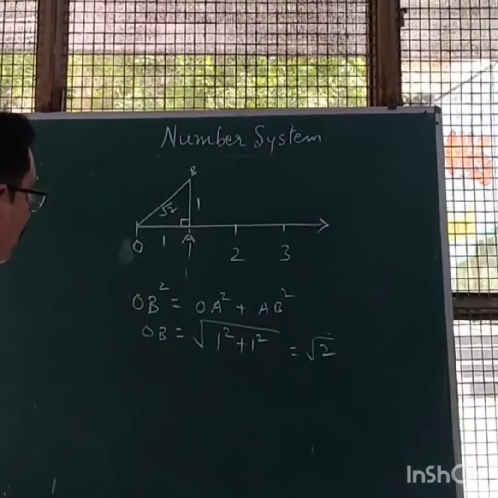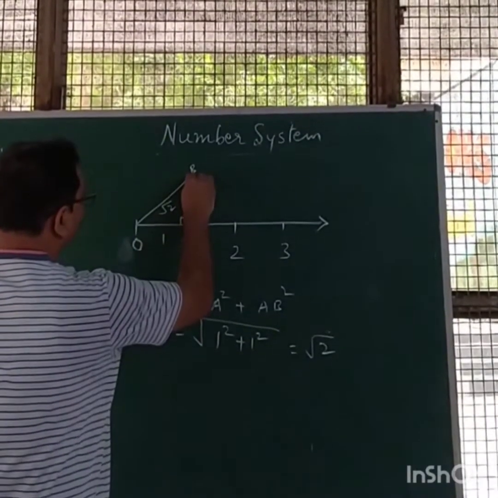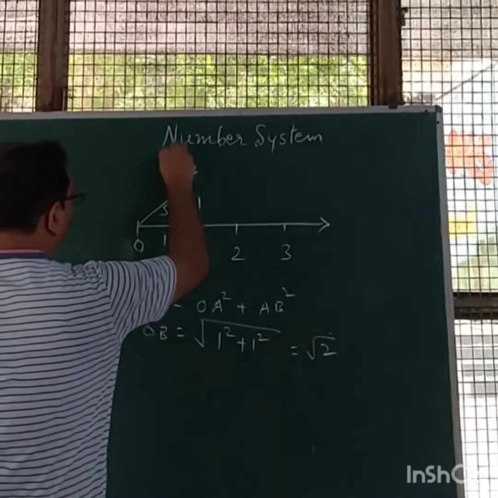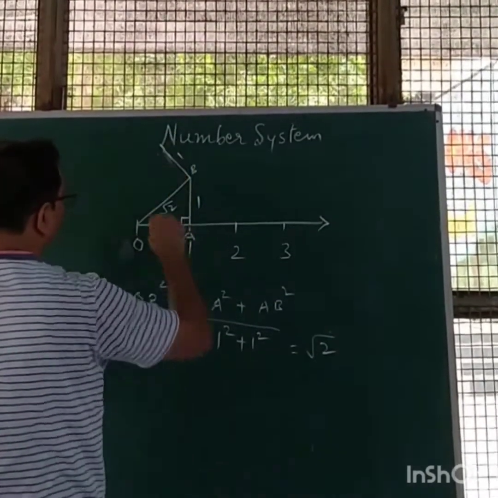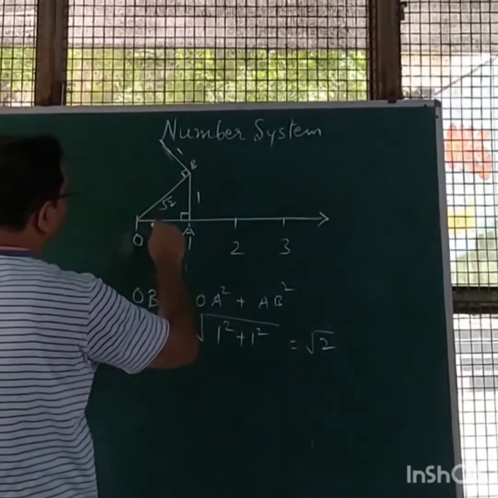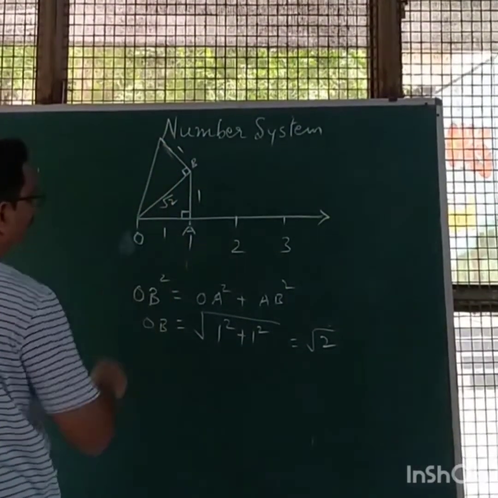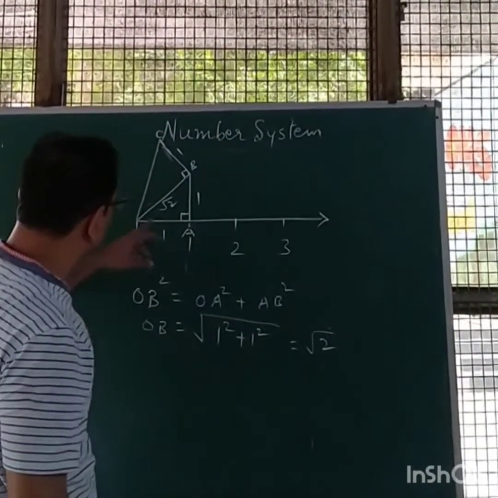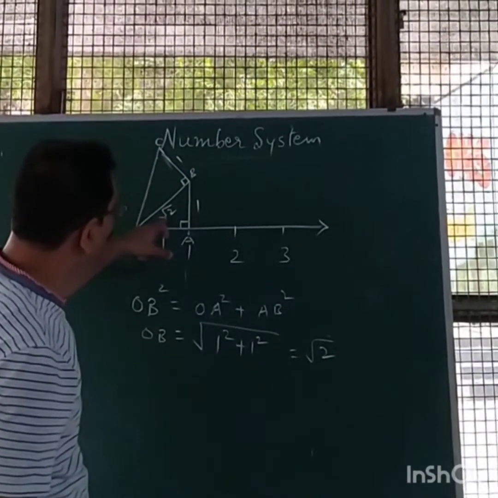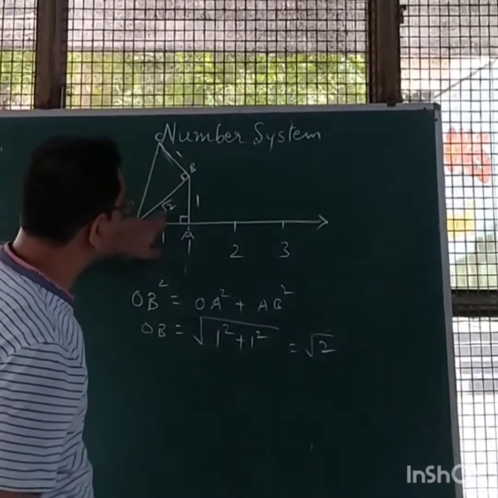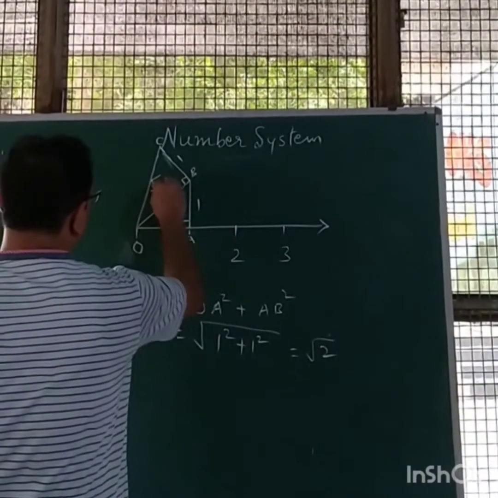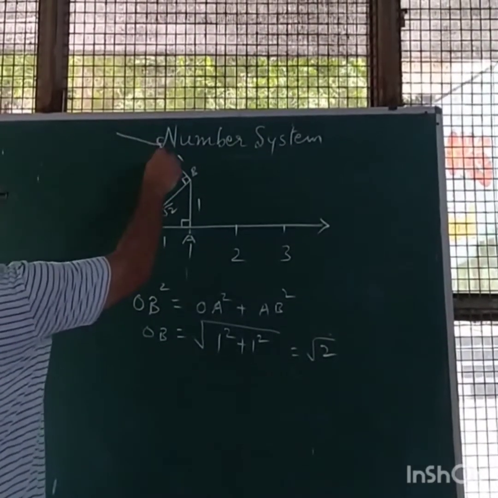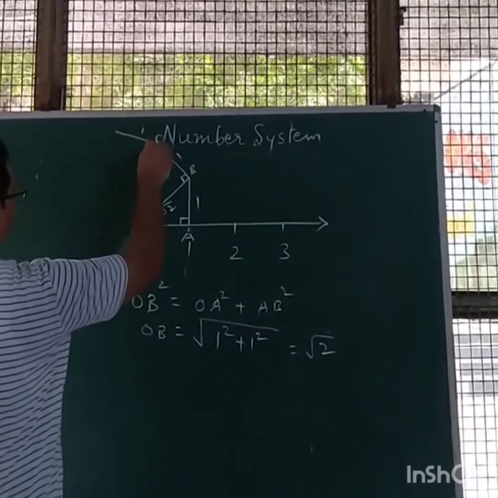Now we can have some other also. Make a perpendicular here, 1 unit. Join this point. Let us say this is C. Now what is this? Under root 2 square is 2, 1 square is 1, 2 and 1 is 3. This is under root 3. Again, let us have a perpendicular here of 1 unit.